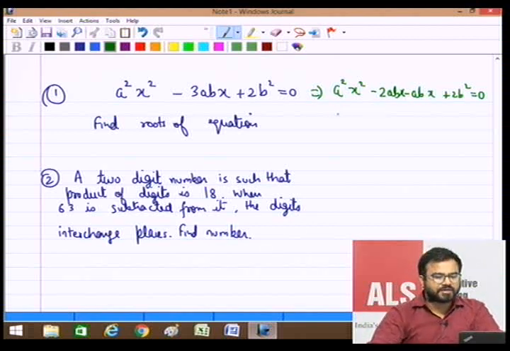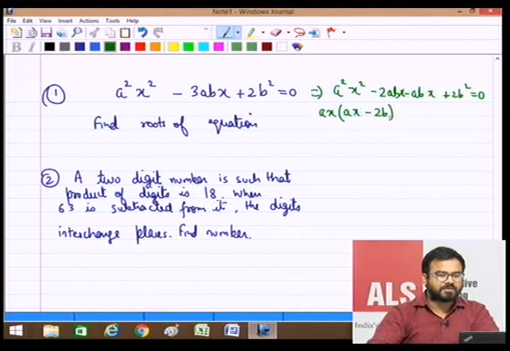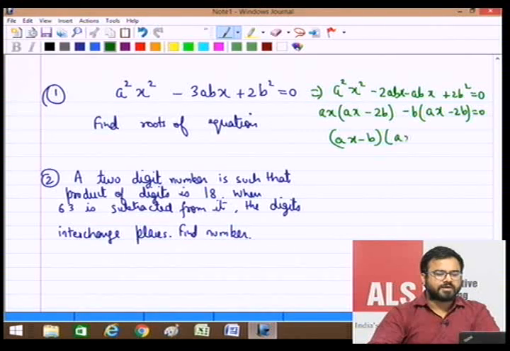Now you can take ax as common. So we'll get ax minus 2b, and from here we can take minus b as common, so ax minus 2b. So factorization is (ax minus b) and (ax minus 2b) equal to 0. So from here x is equal to b upon a, or x is equal to 2b upon a.